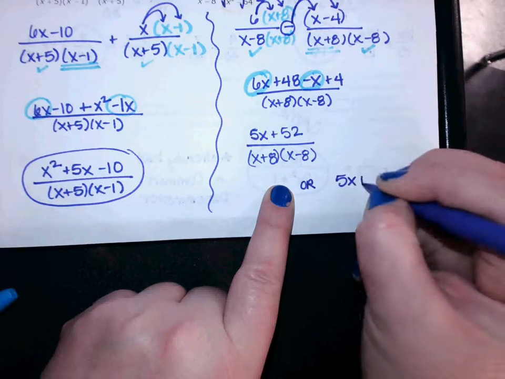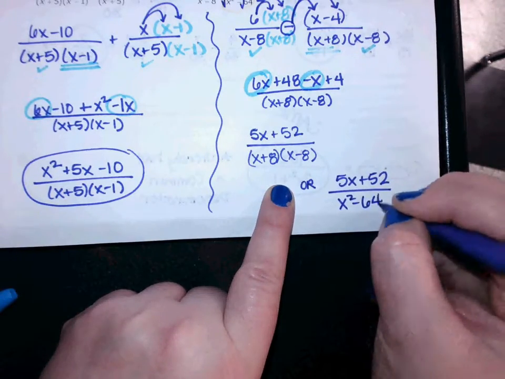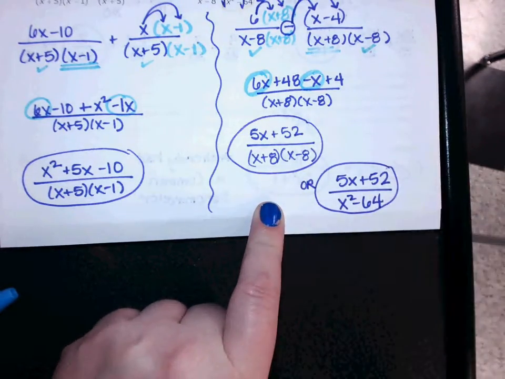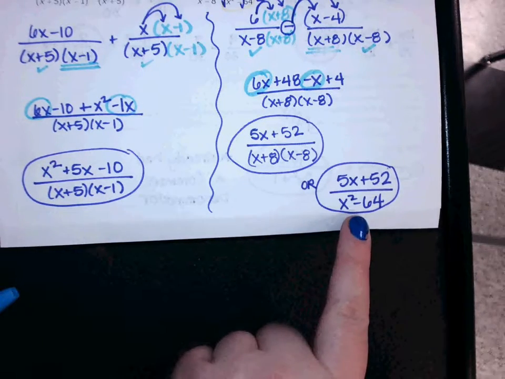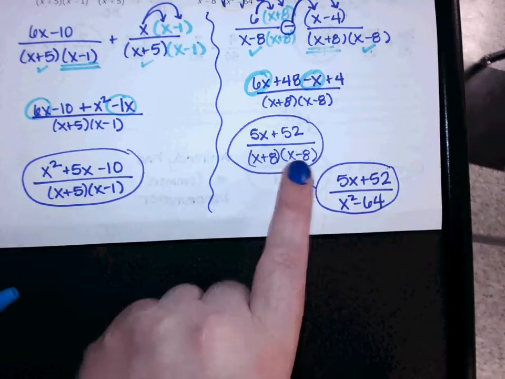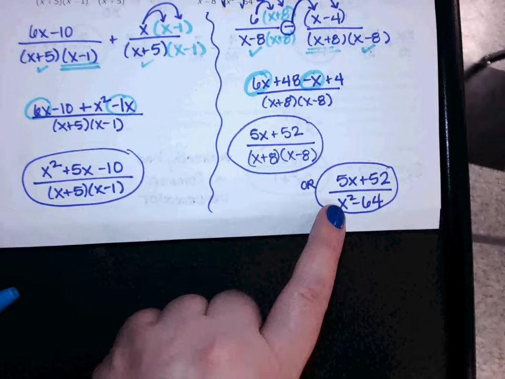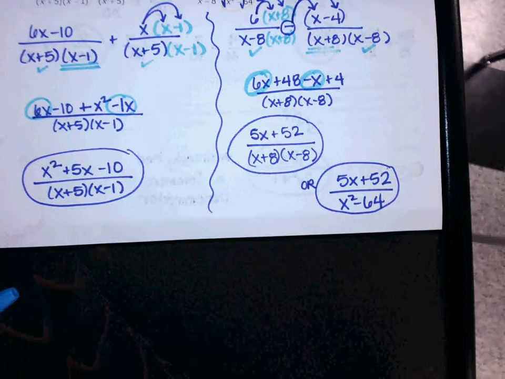It could be 5x plus 52 over x squared minus 64. Because remember, that plus 8 minus 8 has a special little version of itself like this. So these are the same. I'm fine with this one, but if you see it on a standard test or something, it may be written like that. Okay? Alright, the last one.